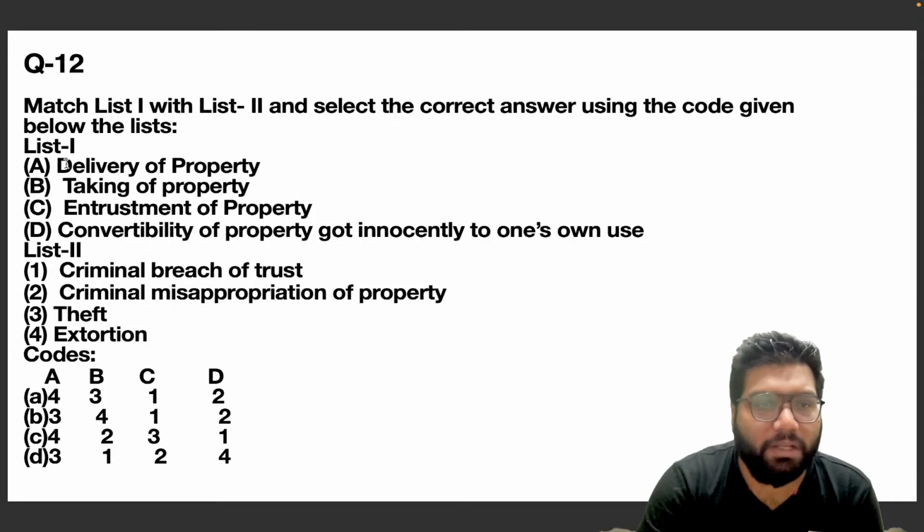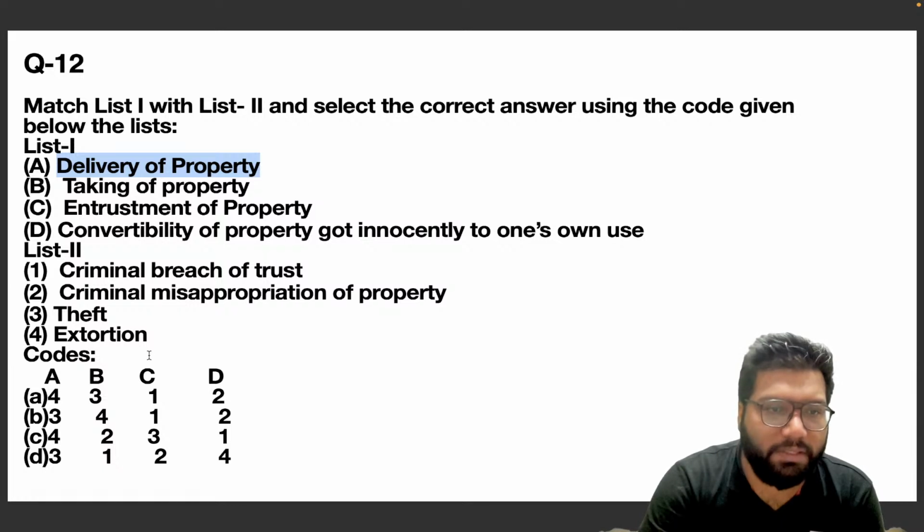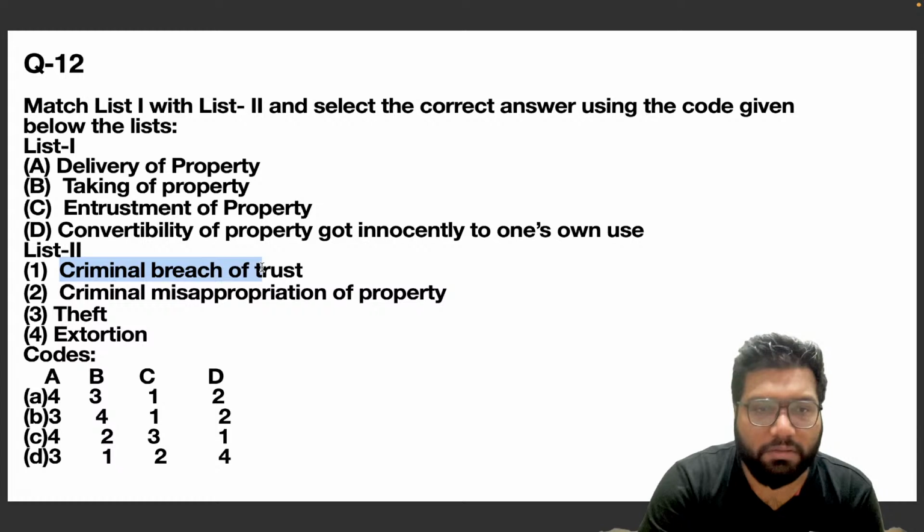See, the first one is delivery of property. So when it comes to delivery of property, it is basically your extortion. Okay. When it comes to taking of property, it is basically your theft. When it comes to entrustment of property, it is criminal breach of trust.